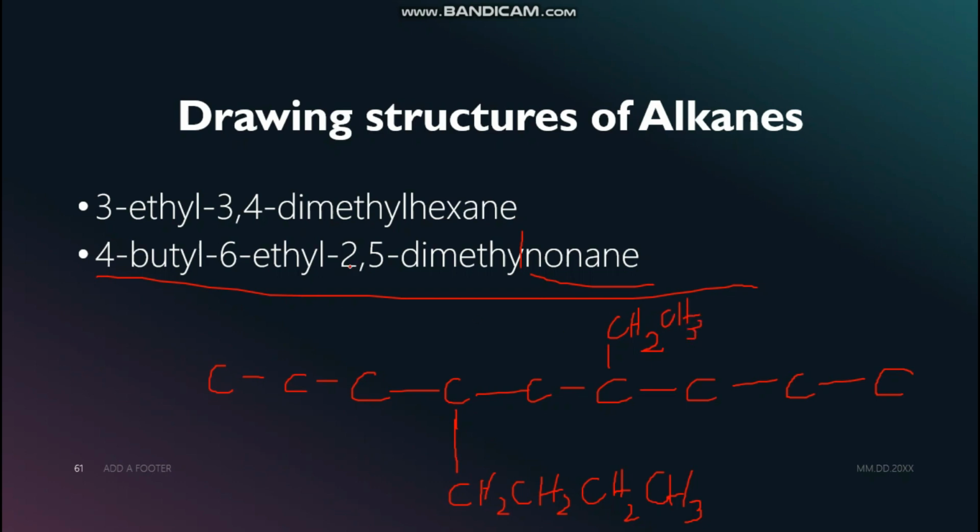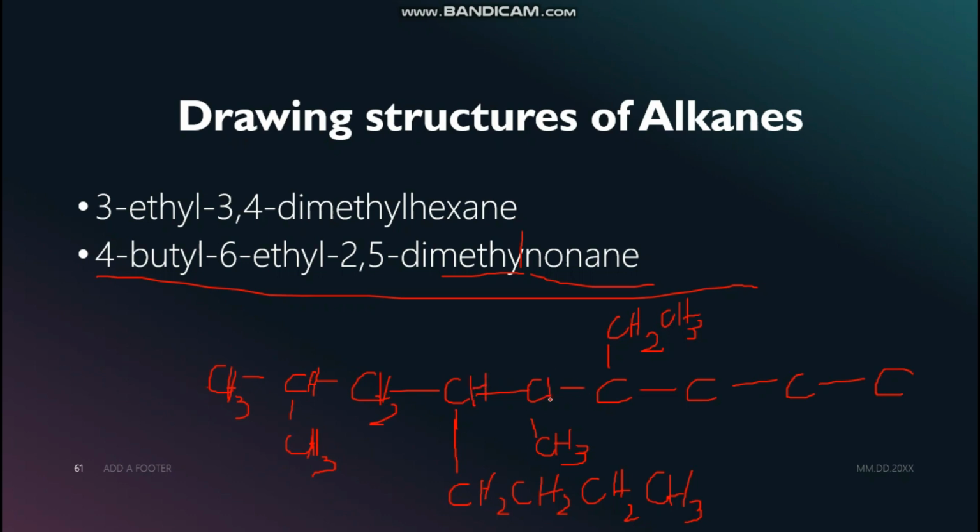And on the second carbon, I have a methyl. CH3. And on the fifth carbon, 1, 2, 3, 4, 5, I have a methyl again. Okay. So I just fill all the remaining bonds with hydrogen.